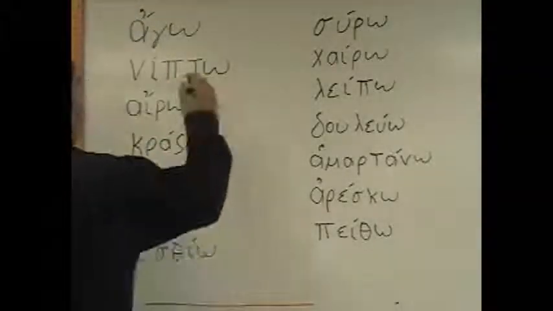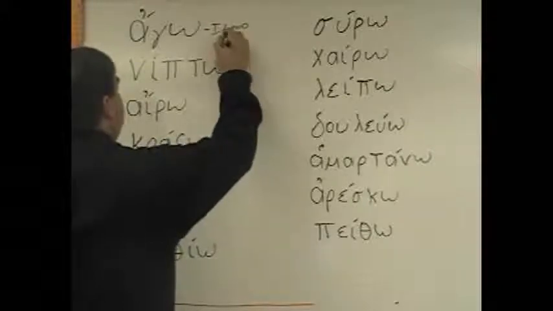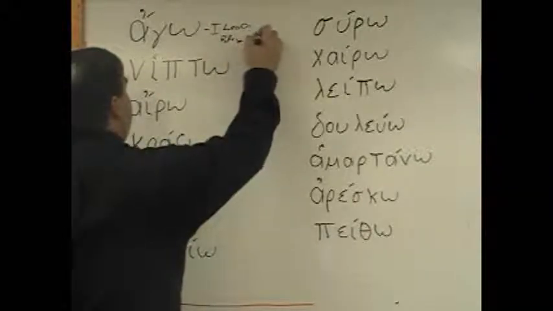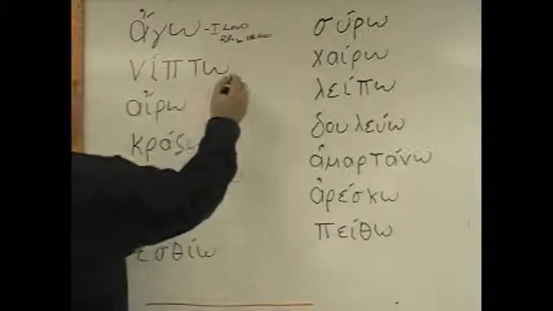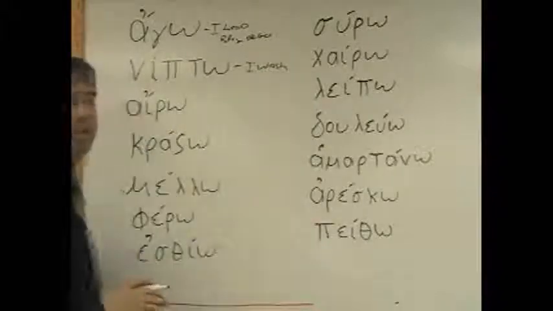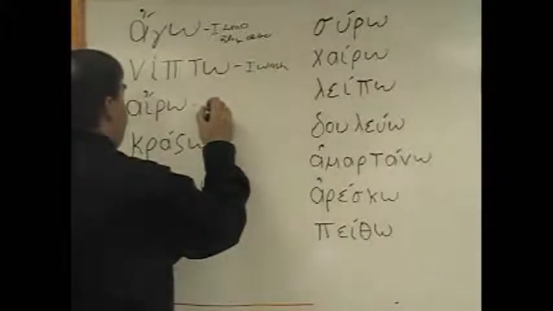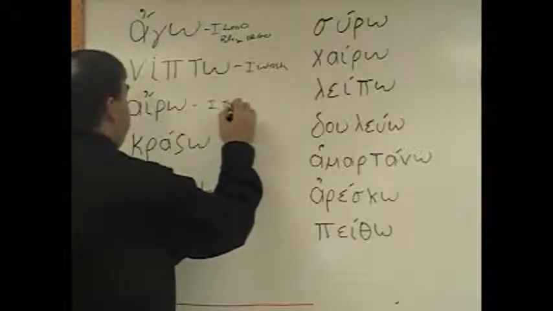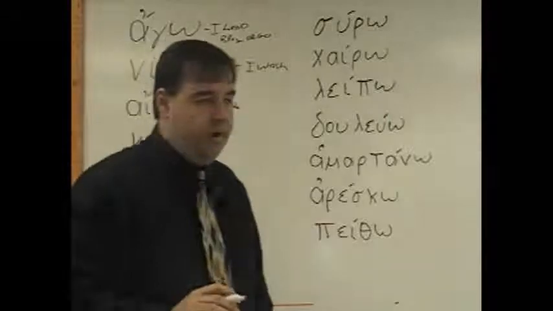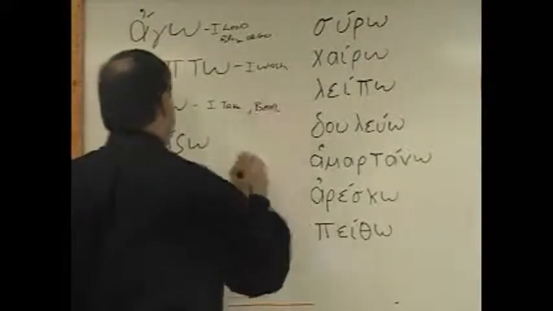So, we have ago means I lead, bring, or go. Nipto means I wash, as in part of me, not all of me at once. Airo is I take up or bear. I still find those hard to keep apart.